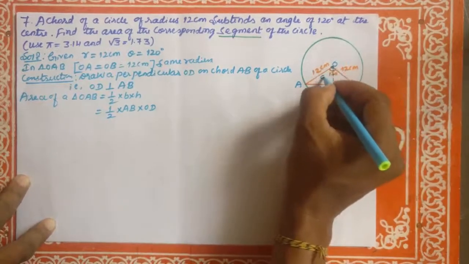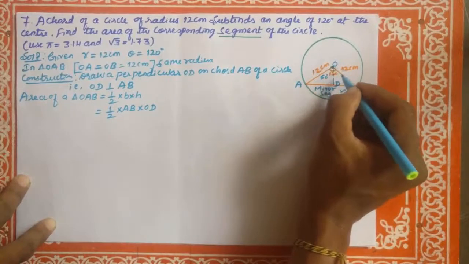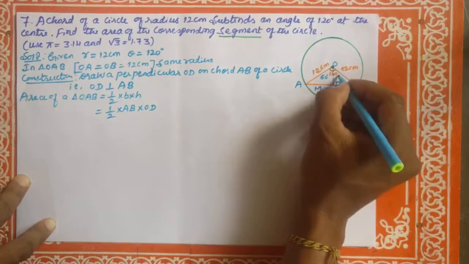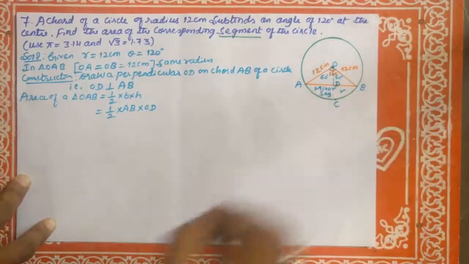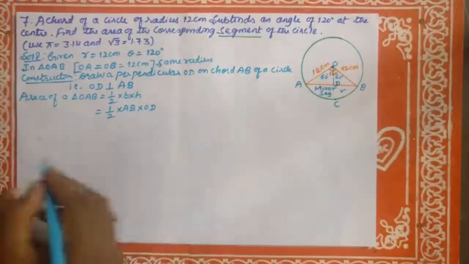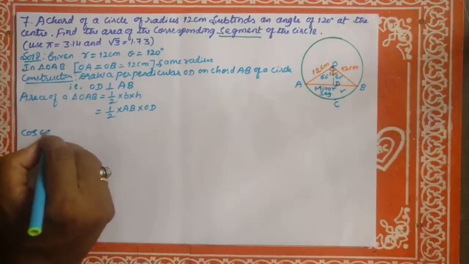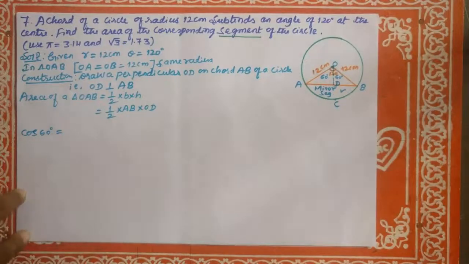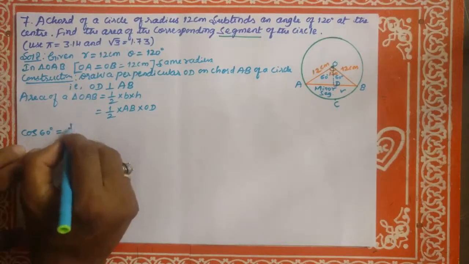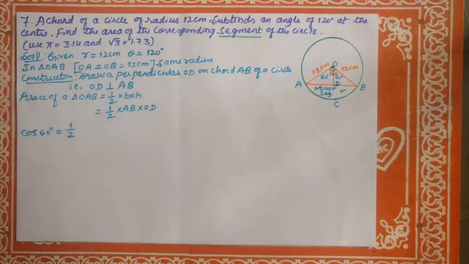Therefore this angle DOB is 60 degree, and the other is also 60 degree. 60 plus 60 is AOB, 120 degree. Cos 60 degree value is 1 by 2.